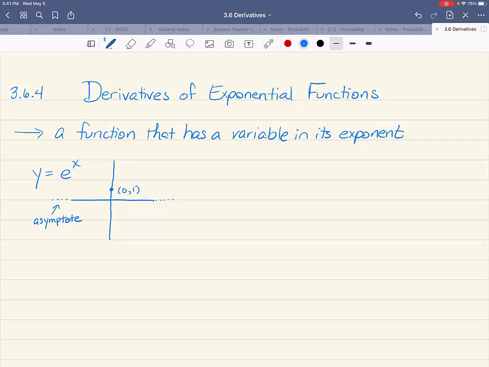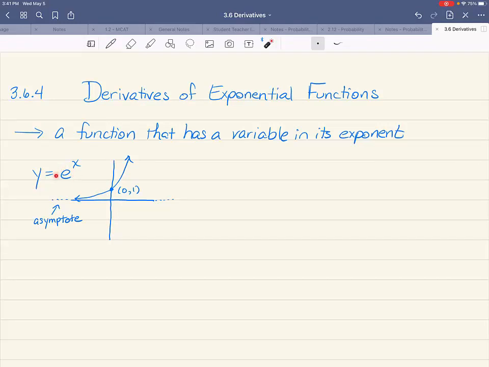So the graph will get really close to the x-axis, but it will never cross the x-axis. It is then also a constantly increasing function, so it is going up forever, but it never crosses the x-axis, so it goes like this. On the right side, it kind of looks like a quadratic. On the left side, it is getting closer and closer to 0, but it will never get there.